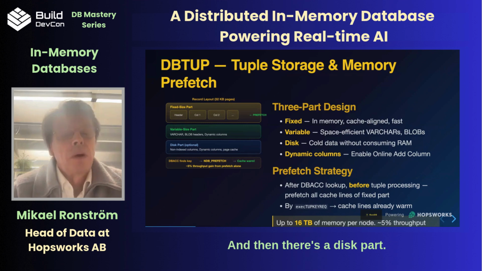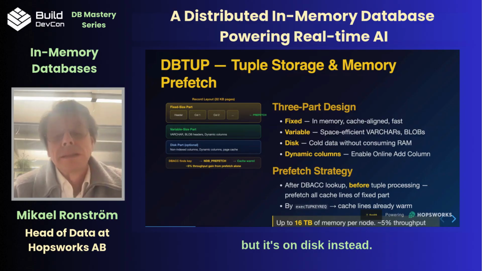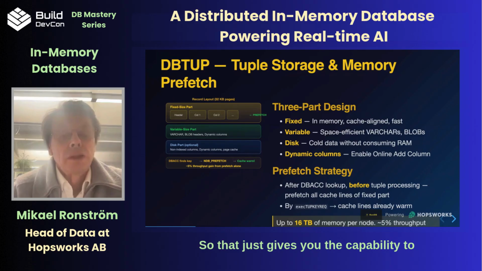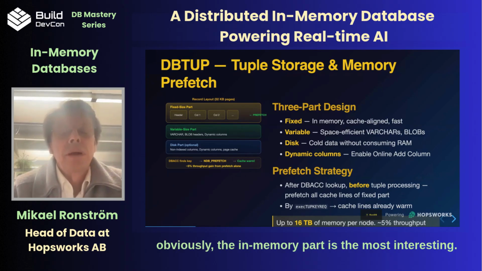And then there's a disk part. The disk part is the same as the variable size part, but it's on disk instead. So it uses a page cache as a normal disk-based database. That just gives you the capability to have disk columns instead of in-memory columns. But for this presentation, obviously the in-memory part is the most interesting.